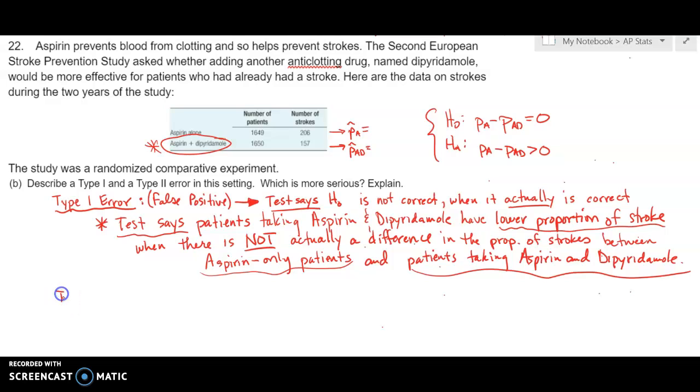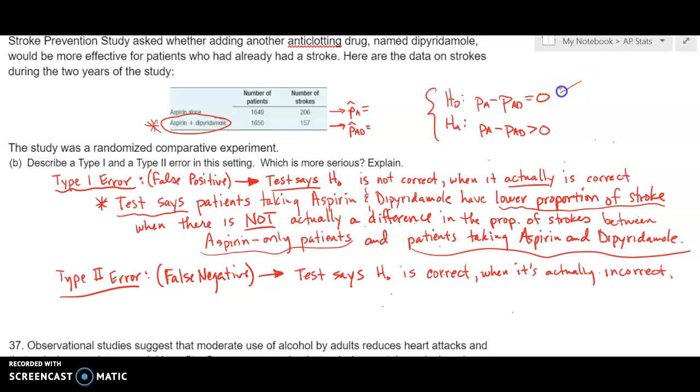A type 2 error is a false negative. And what that means to us is that our test says our null hypothesis is correct when it's actually incorrect.